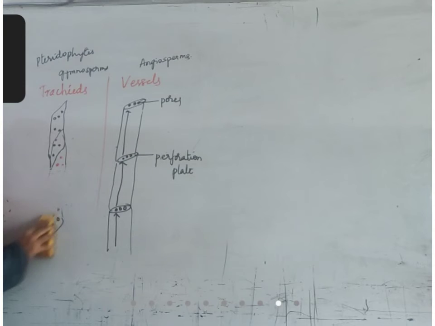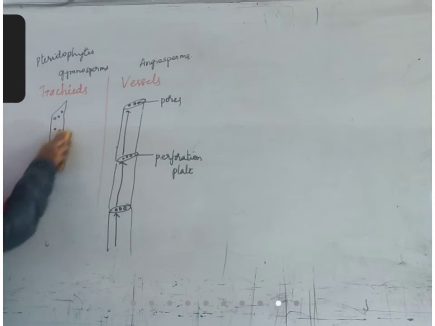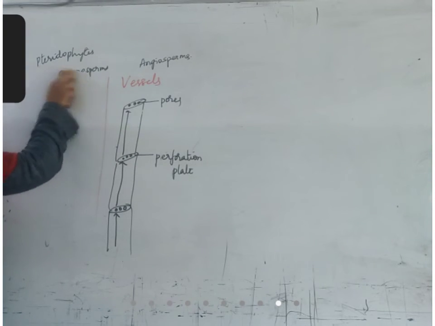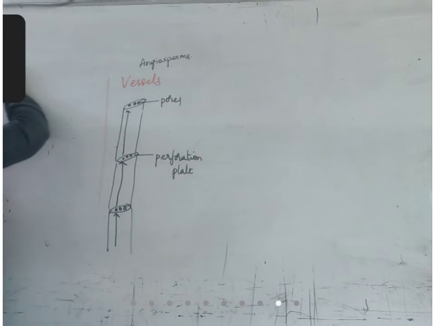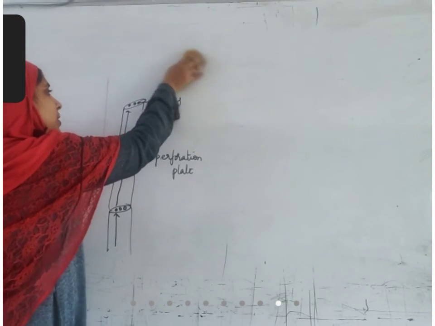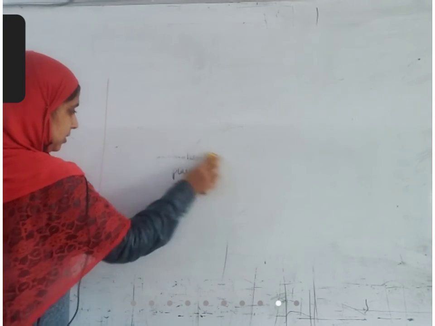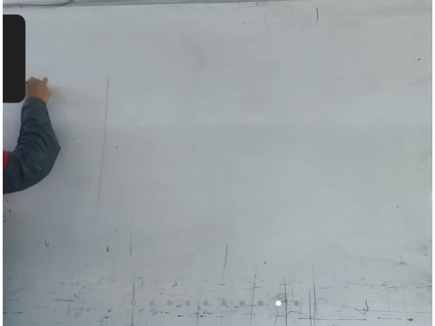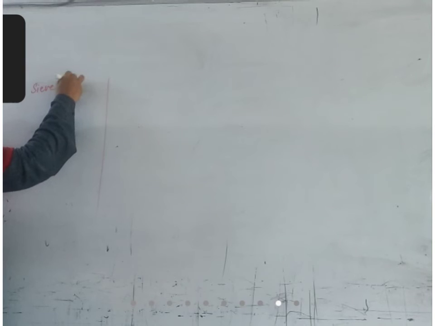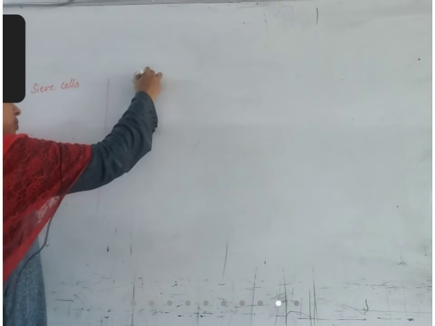The same thing in the case of sieve cells also. Sieve components are present in phloem tissue. In phloem tissue also there is this much only difference. Sieve components are divided into sieve cells and sieve tubes.